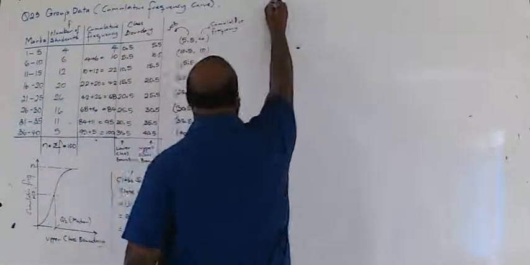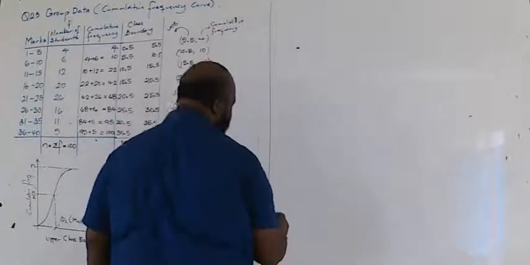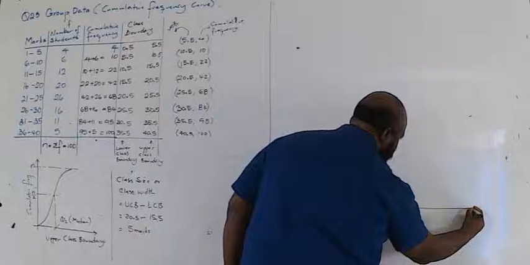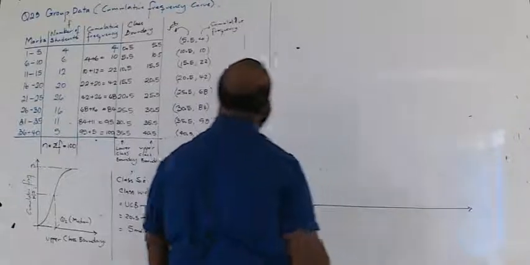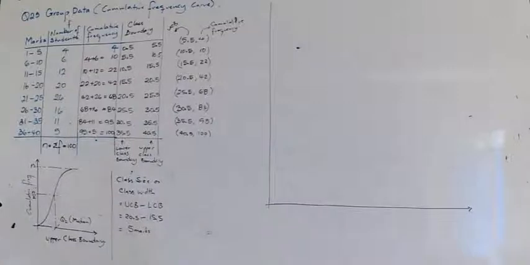Let's draw our axes, vertical and horizontal. The scale at the bottom is 2 centimeters to 5 marks.